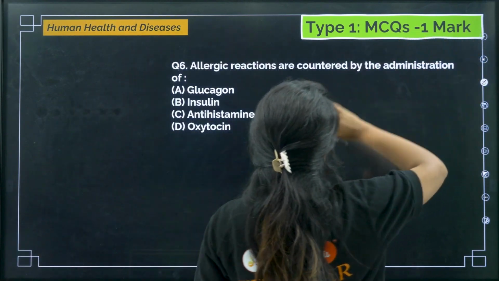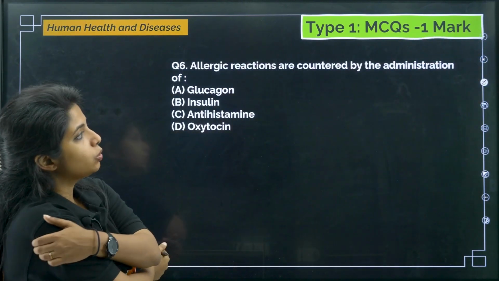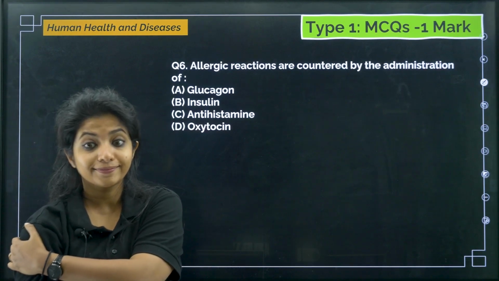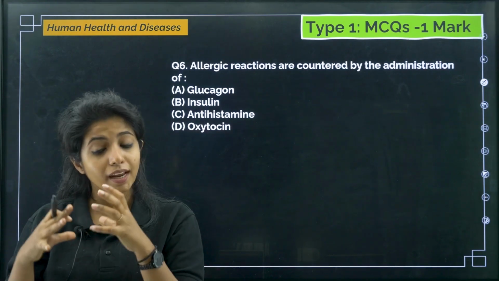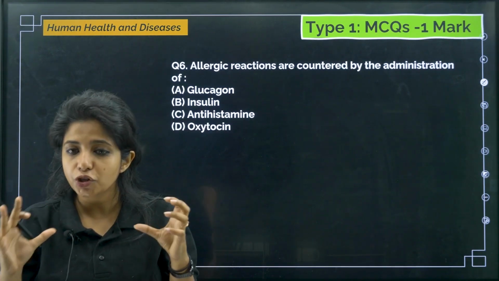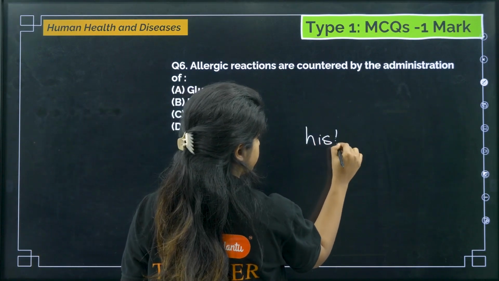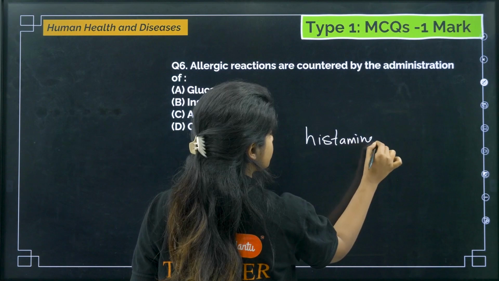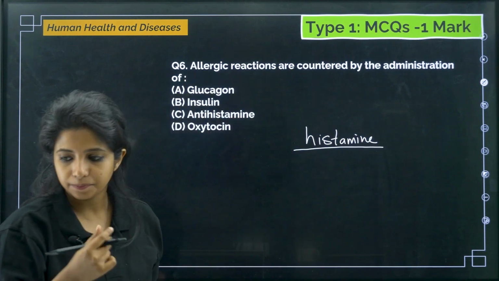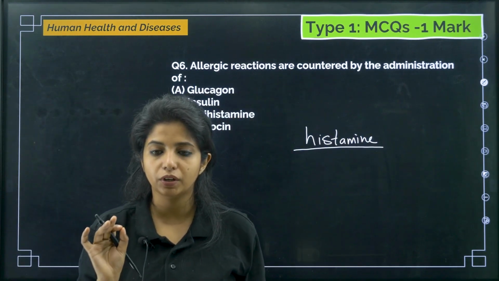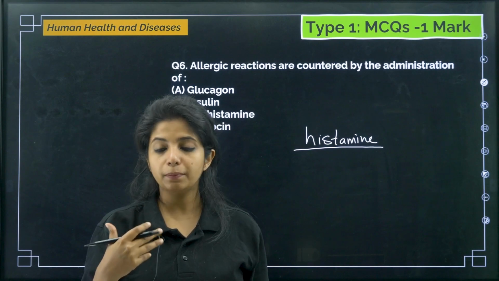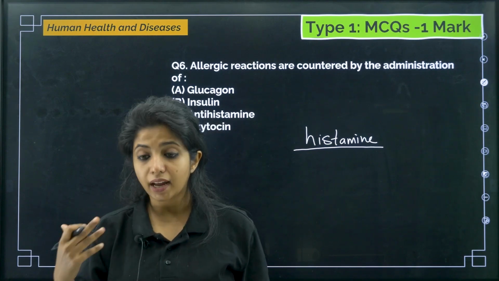Okay. Going ahead, allergic reactions are countered by the administration of. So in allergic reaction, who was playing the major role? Who was being released? Children, histamine. Have you heard of this particular tablet, cetirizine?